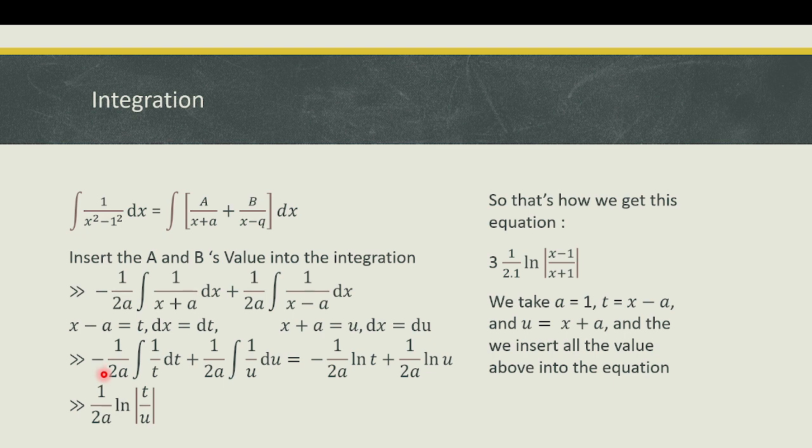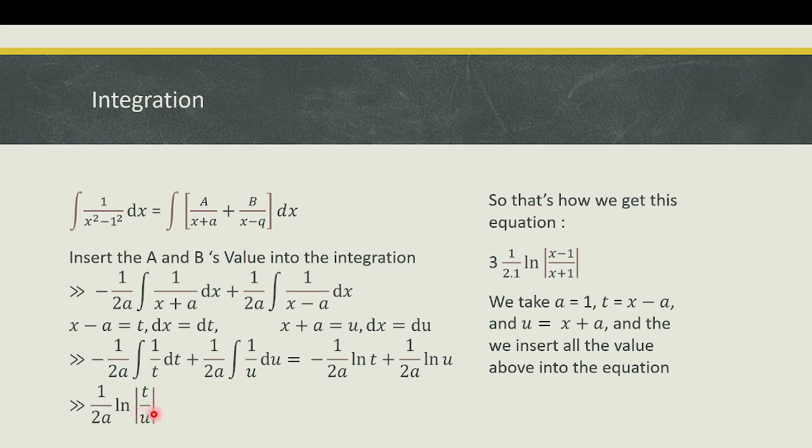So here's what we got: minus 1 over 2a times the integral of 1 over t dt, where t is x minus a, plus 1 over 2a times the integral of 1 over u du, where u is x plus a, is equal to minus 1 over 2a ln t plus 1 over 2a ln u. So here we have 1 over 2a ln t over u.